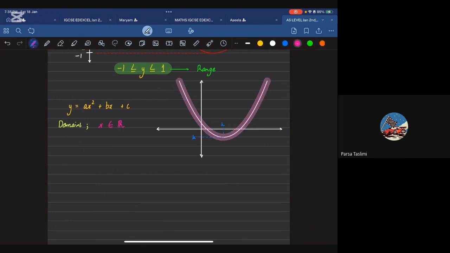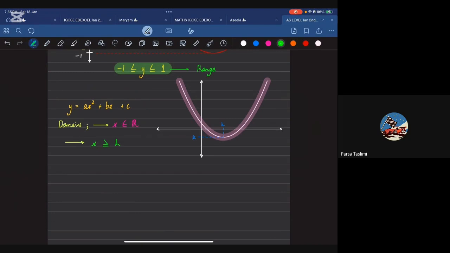Keeping this in mind, what's going to happen next? What if I say that my domain is not all real numbers, but my domain is x is greater than h.